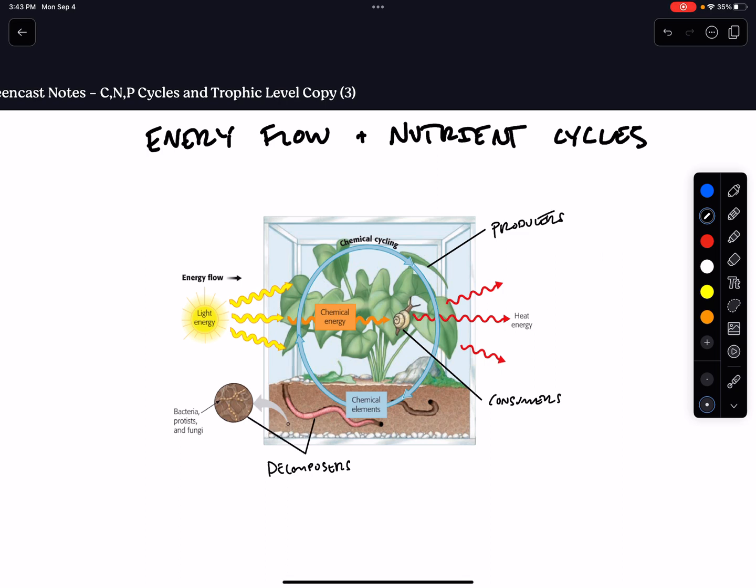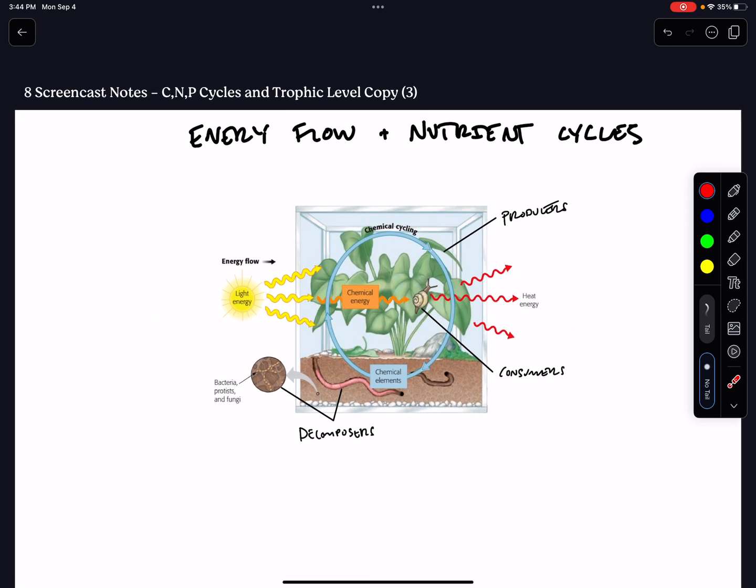And then back into the abiotic environment, meaning into the ground or the water or into the air, where they're then picked up again by producers, and then they enter the biotic system once again. So nutrients are cycling around the ecosystem and energy is flowing through it.